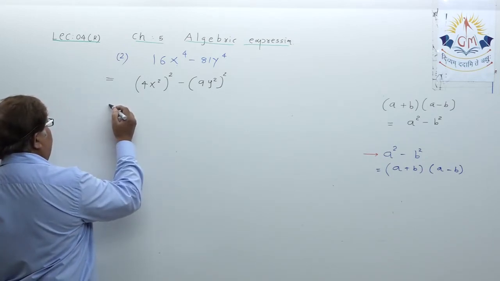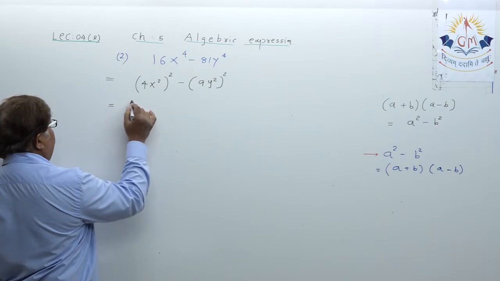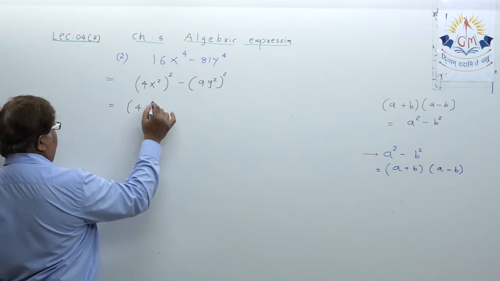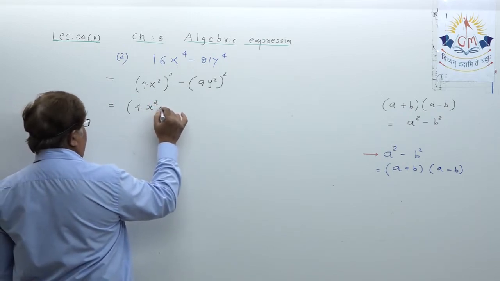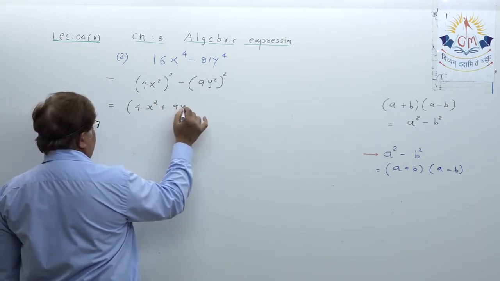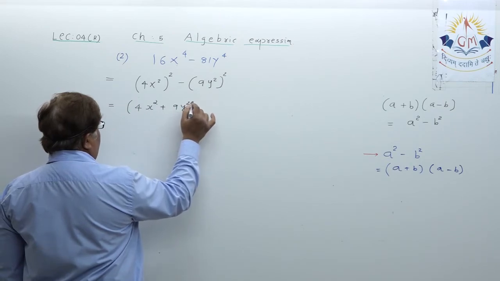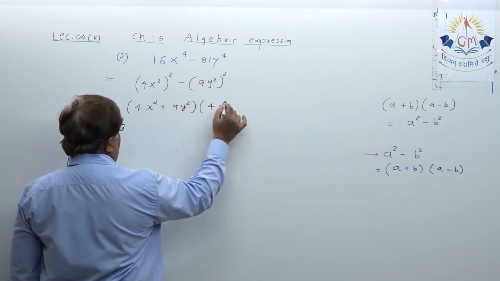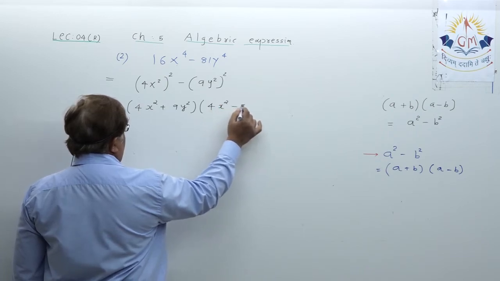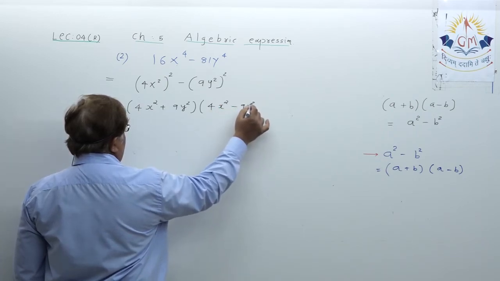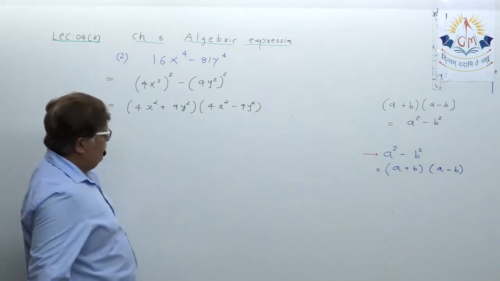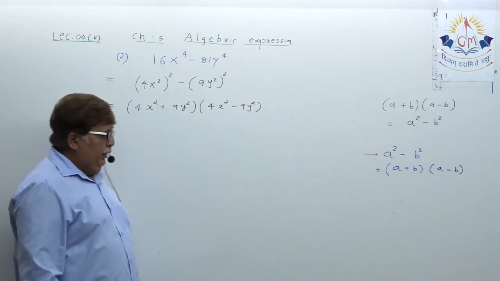Okay, let me write a plus b, okay, a minus b. a plus b, a minus b.